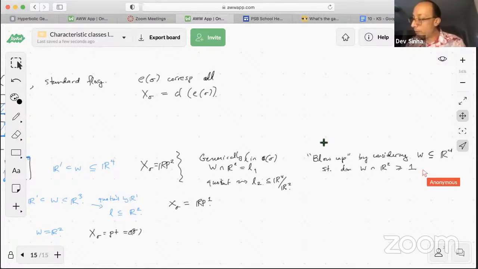So along with an L, or maybe call it L1, inside W intersect R2.